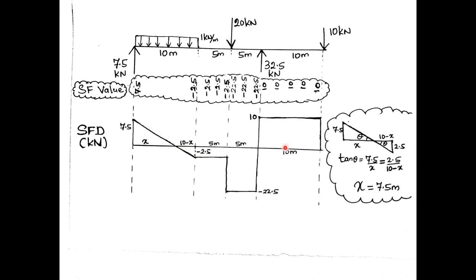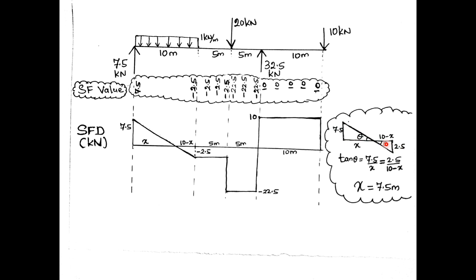In this triangle, 7.5 and x; in the other, 10 minus x and 2.5. Don't put minus 2.5, consider the triangular side, therefore 2.5.